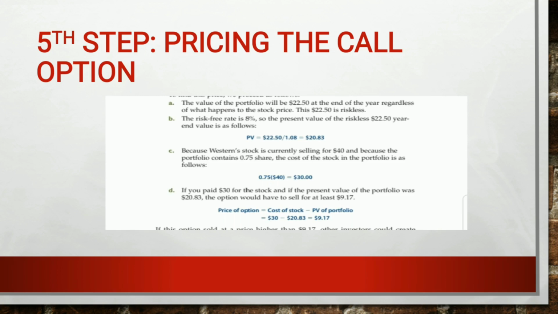Price of option is equal to cost of stock minus PV of portfolio. So, $30 minus $20.83 is equal to 9.17. So, 20.83, this is the PV of the portfolio subtracted from $30, so we came up with 9.17.